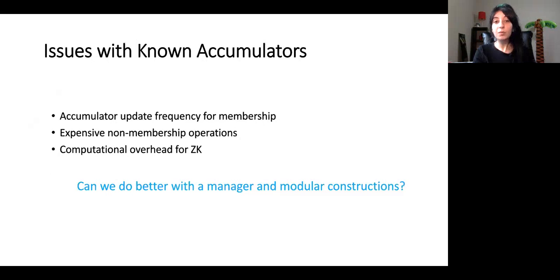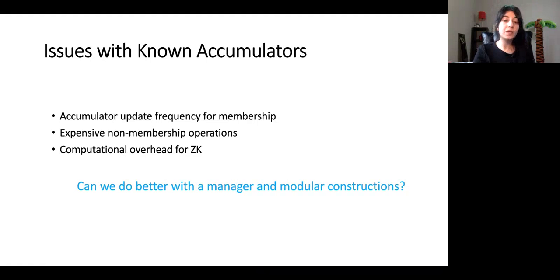Now, some problems with accumulators are unnecessary updates in the case where we only care about membership. Also expensive non-membership operations. And finally, computational overhead if we care about hiding the set.